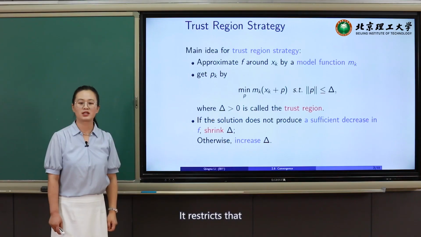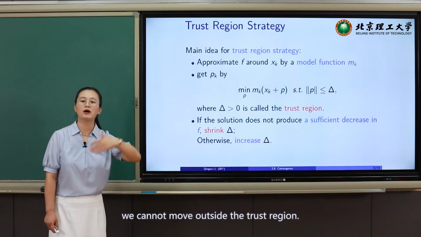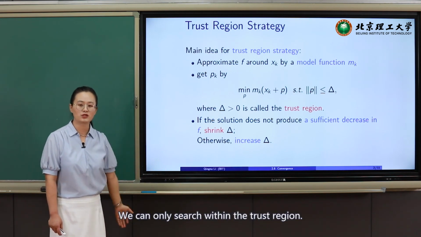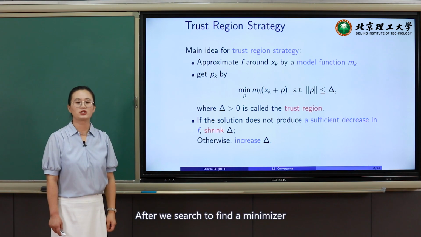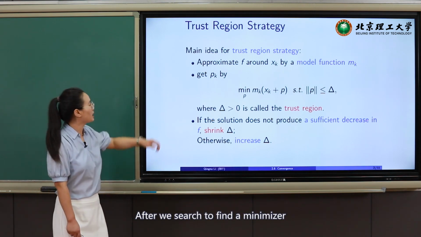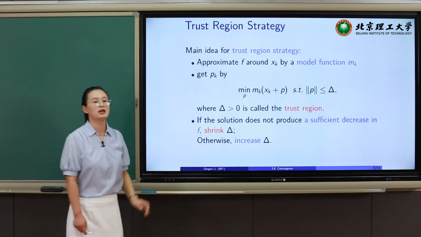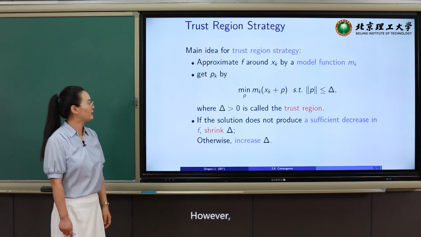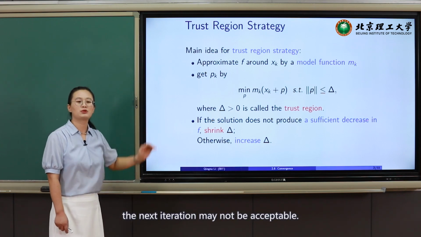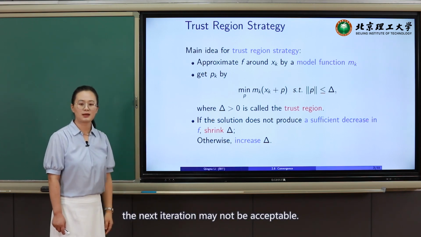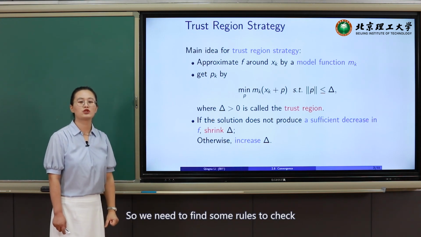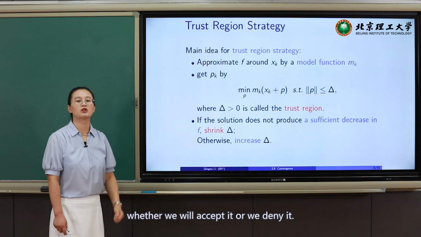It restricts that we cannot move outside the trust region. We can only search within the trust region. After we search and find a minimizer, which we denote as pk, we can update our iteration. However, the next iteration may not be acceptable, so we need to find some rules to check whether we accept it or deny it.